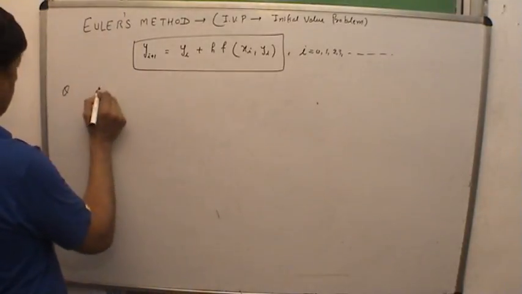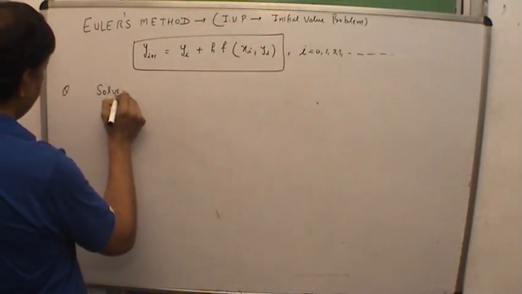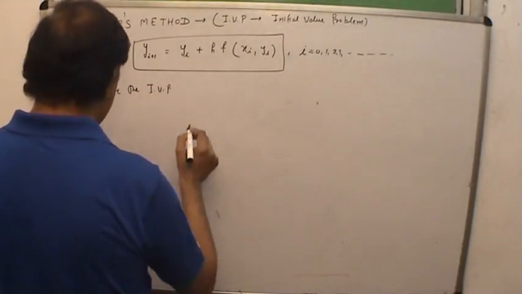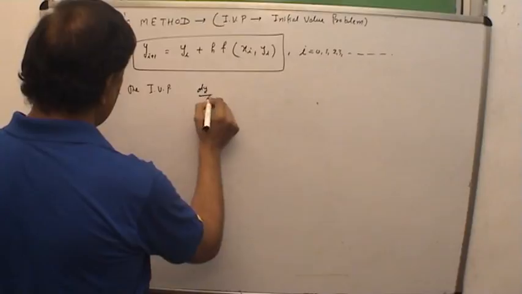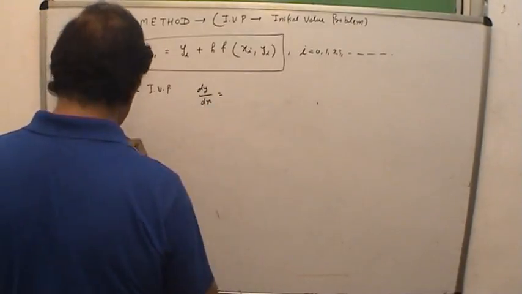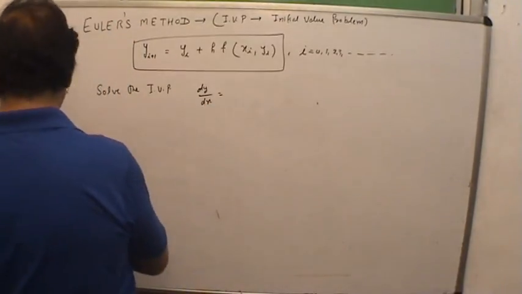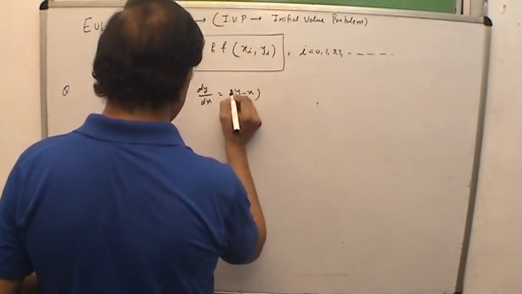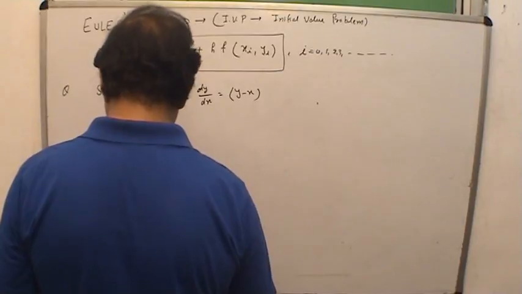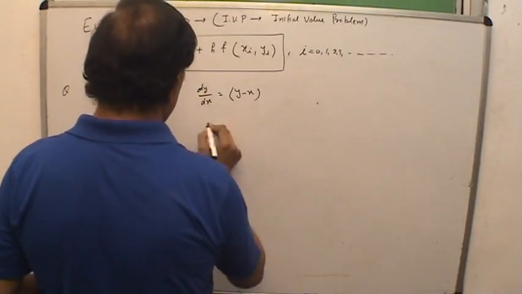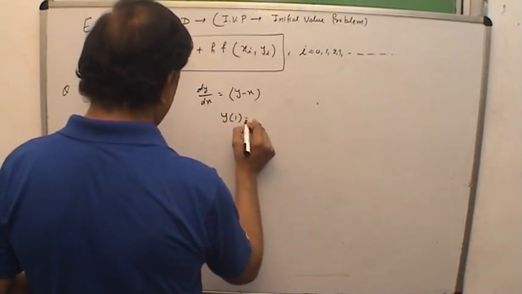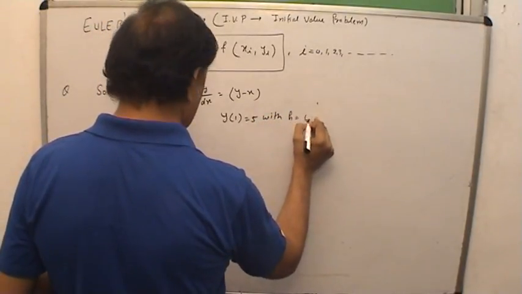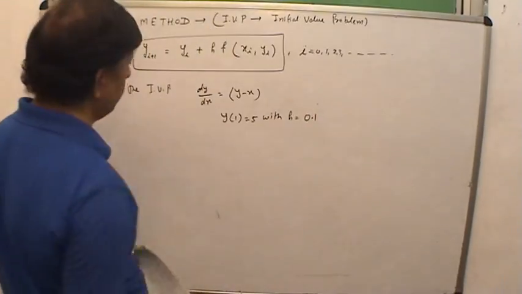Say, solve the IVP that dy by dx is equal to y minus x, given y(1) is equal to 5, with h is equal to 0.1.